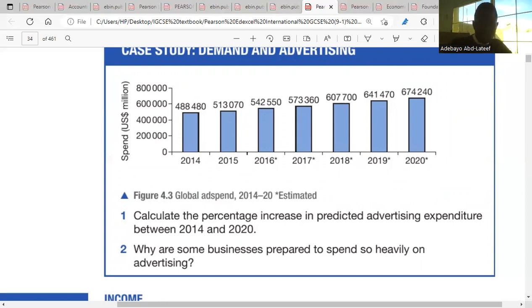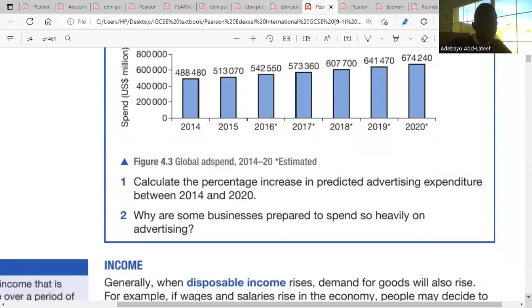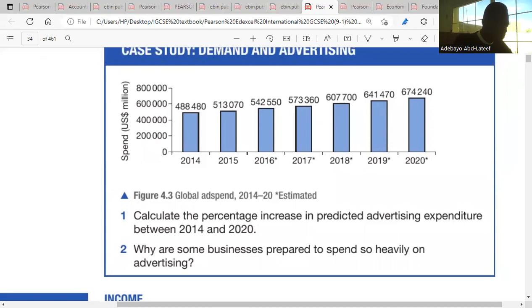So for global ad spend, let's check. The question says, calculate the percentage increase in predicted advertising expenditure between 2014 and 2020. The percentage increase in global advertising expenditure is given by: in 2020, we have 674.24 billion, and in 2014, we have 488.48 billion.